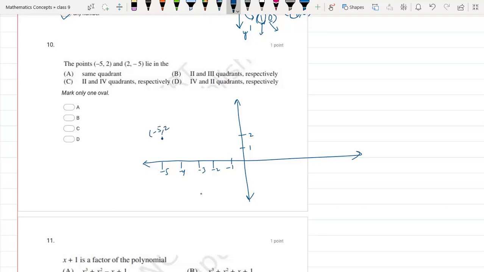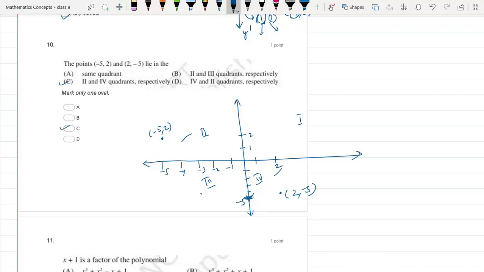Similarly 2, -5, this time x is positive 2 and y is negative -5. So -1, -2, -3, -4, -5. Our point is lying somewhere here, 2, -5. Clearly we can say this is first quadrant, second, third, and this is fourth. So the answer is second and fourth quadrant. That is which option? The third one, second and fourth quadrant respectively. So option C is correct.